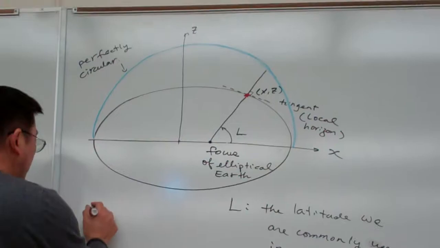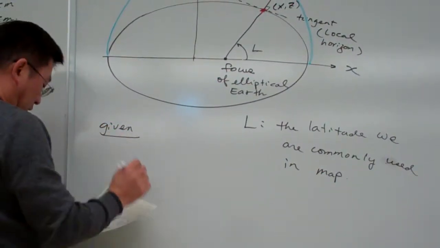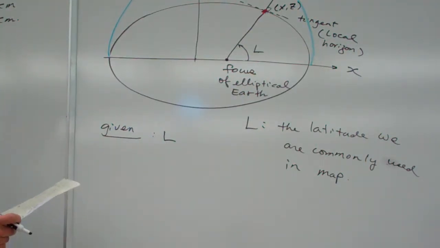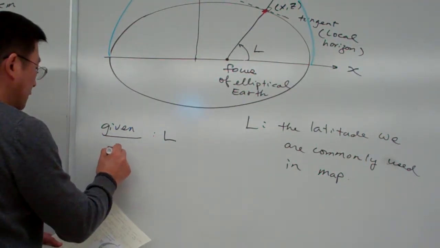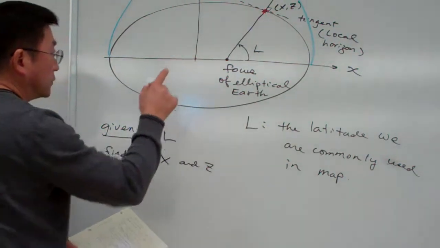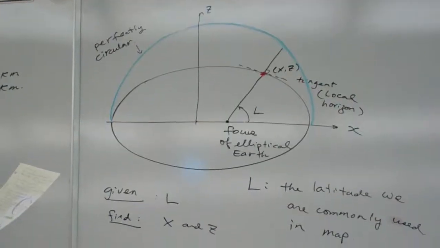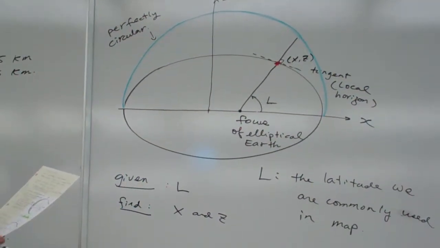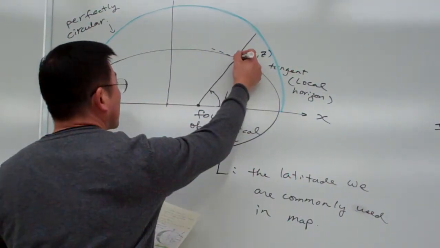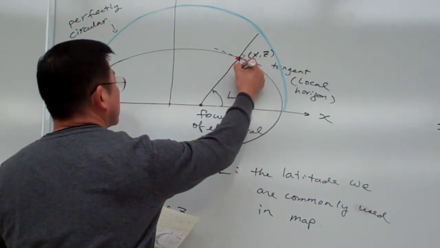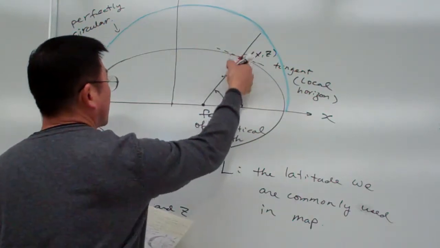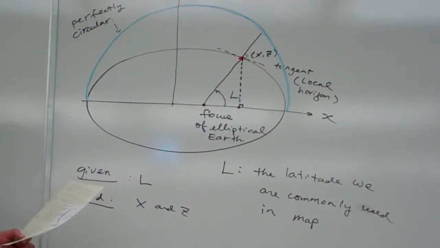For this case, we are given L, which means we are given the measured latitude, and we want to find X and Z in terms of this kind of situation. So from here we simply take the projections. This point is a projection of that one onto the x-axis.